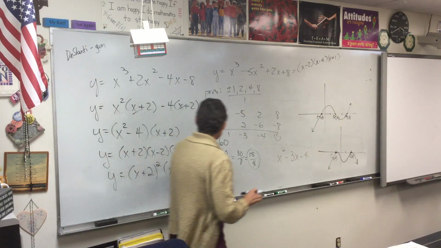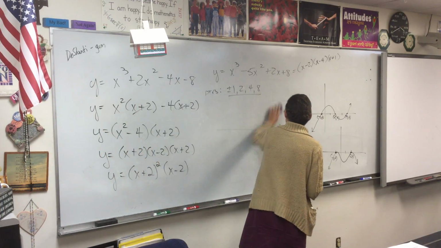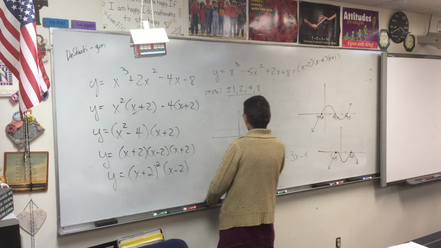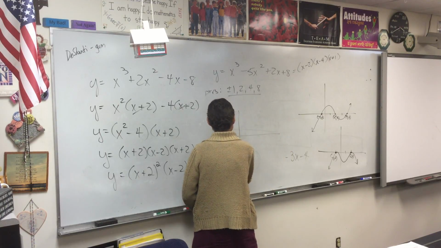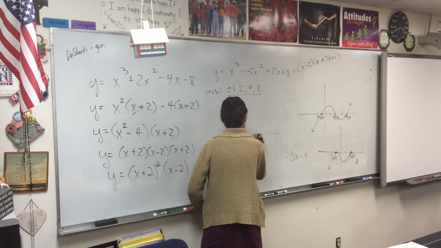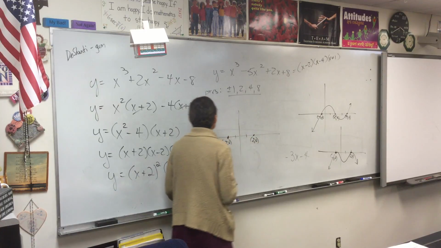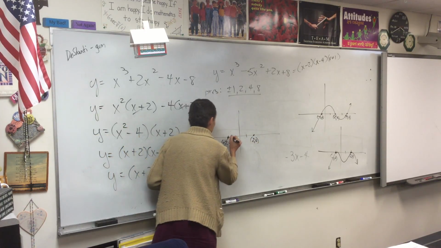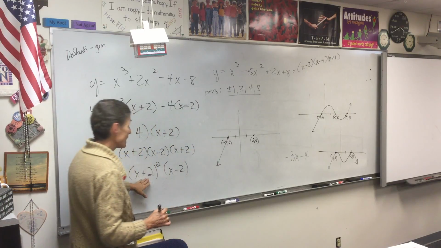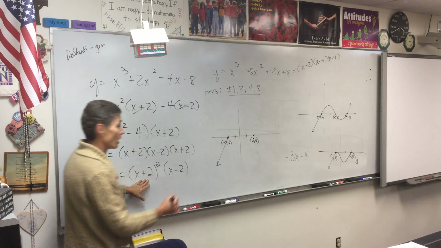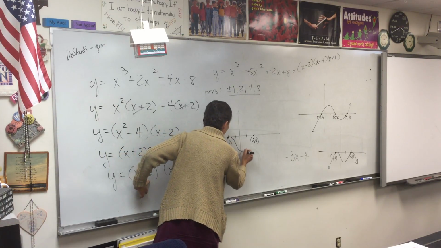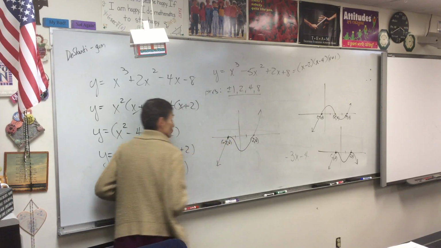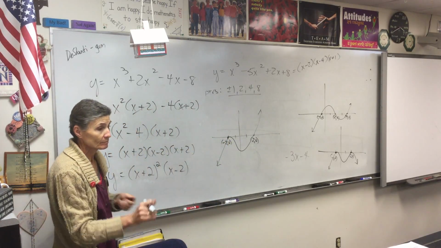So when I sketch it, I'm going to put dots at 2 and -2. It's a cube, starts down. When it hits -2 though, it's going to bounce off and go through that one.